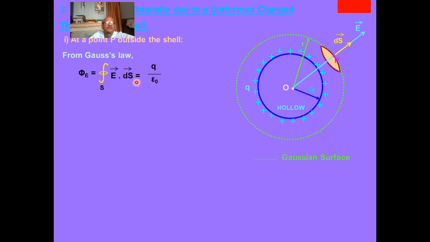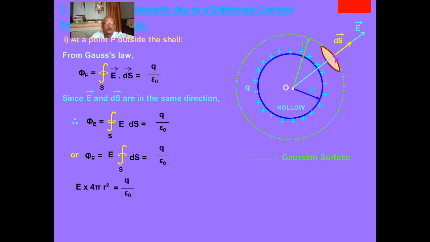So E into the surface integral ds equals q by epsilon naught, or E into 4 pi r square equals q by epsilon naught. So here E equals q by 4 pi epsilon naught r square. It is similar to the electric field due to a point charge.